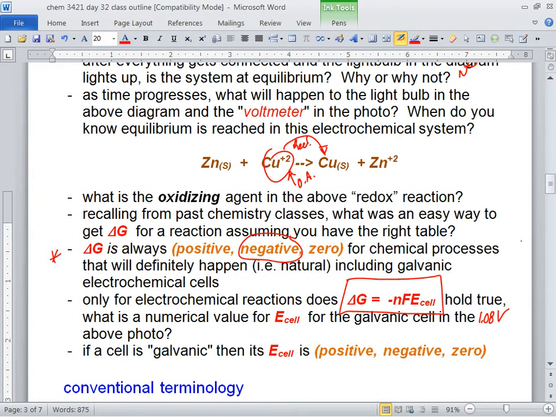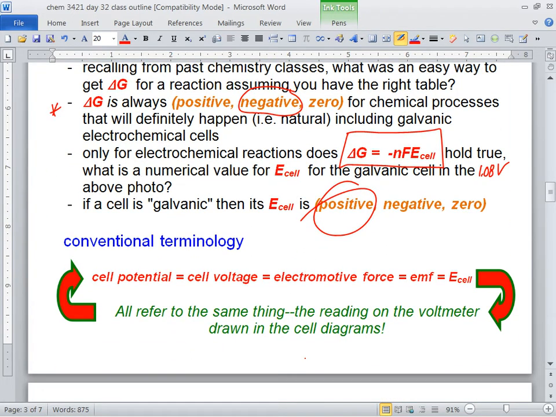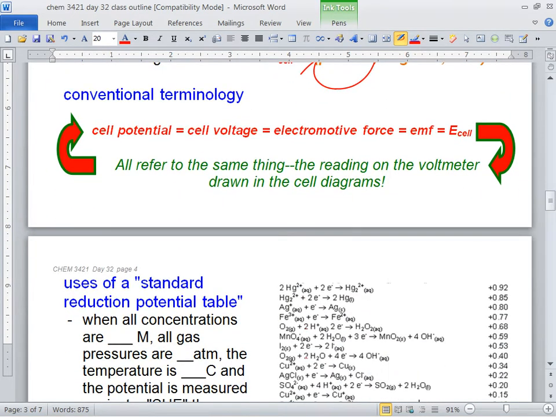It's natural, it's spontaneous. So if that's the case, E cell has to be what for all galvanic cells? Positive. She caught it, right? Because you want delta G to be negative for spontaneous stuff. So remember these. These things are golden ideas here. Conventional terminology.